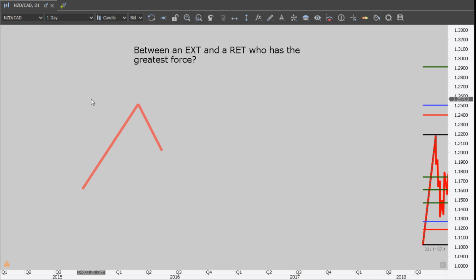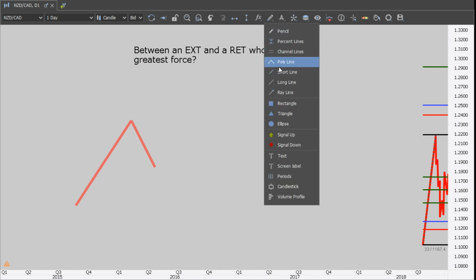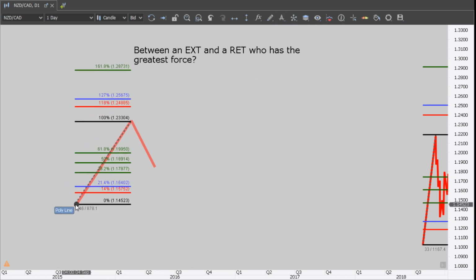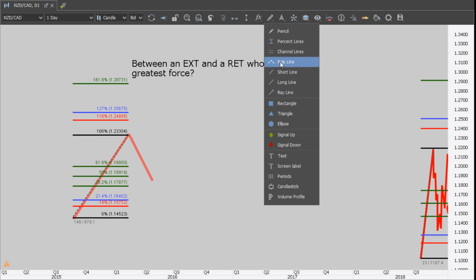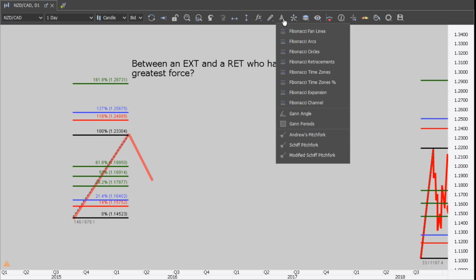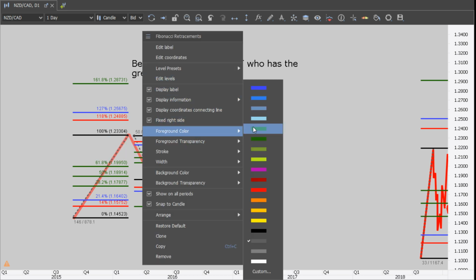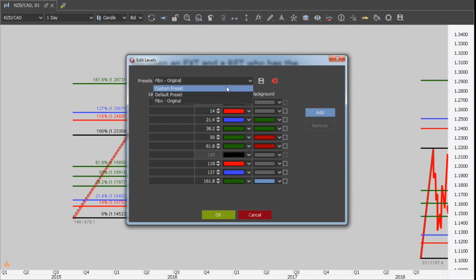Yes, Annie, please do this. I know it's time consuming, it's difficult, you know, but it's a way to go. Between an extension and a retracement, everybody, who has the greatest force? You have a daily chart and it's in a retracement mode still, right?